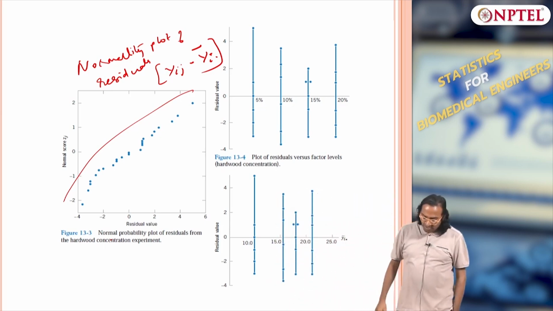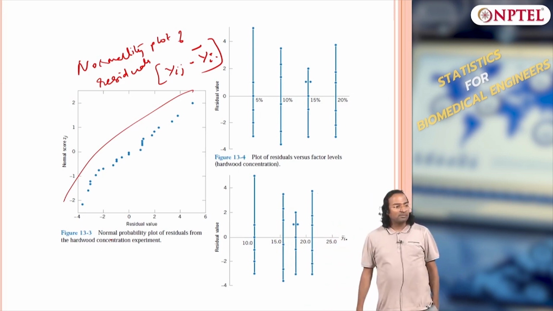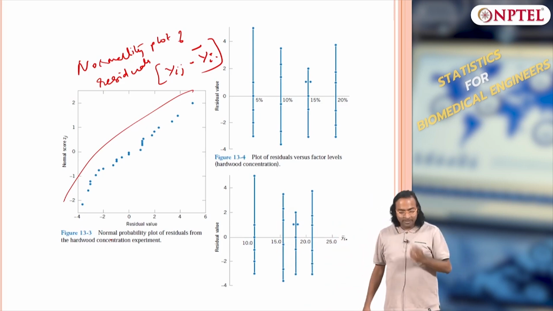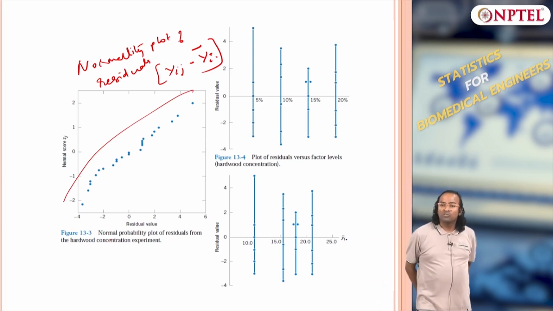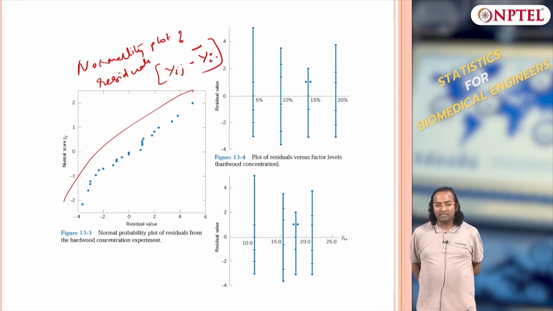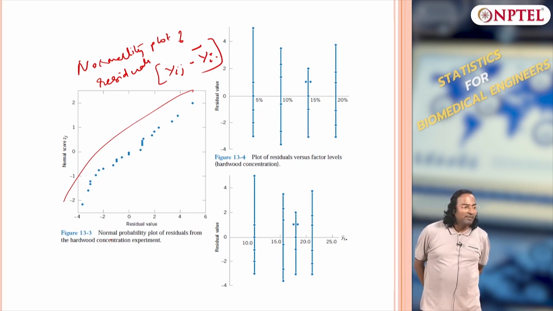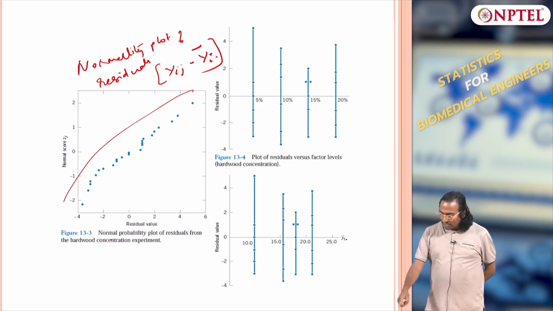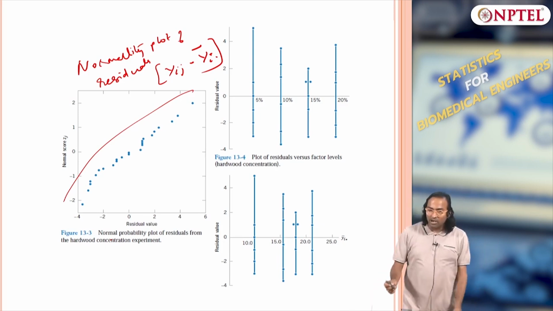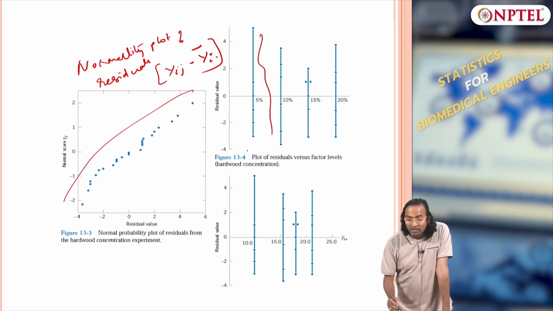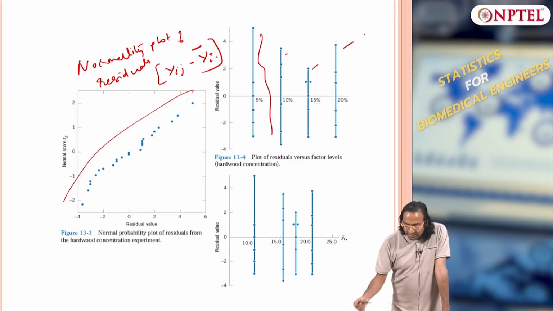Then what else assumption have we made? That all of them have almost equal variances. So for each treatment I can plot the variance. Look at this, this is my plot of residuals for treatment 1, treatment 2, treatment 3, treatment 4.